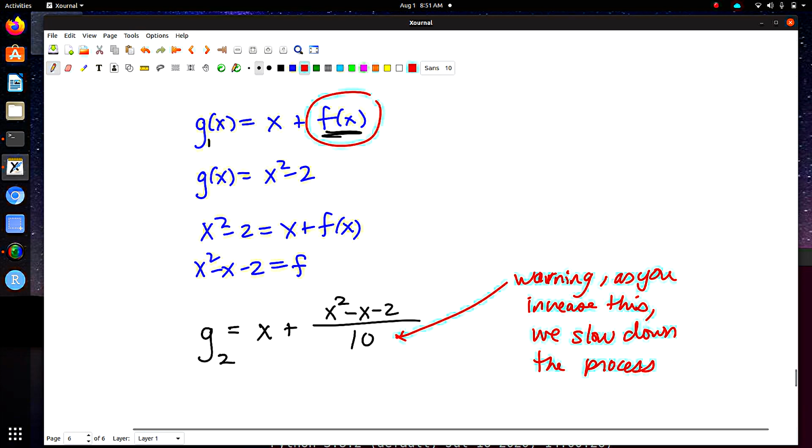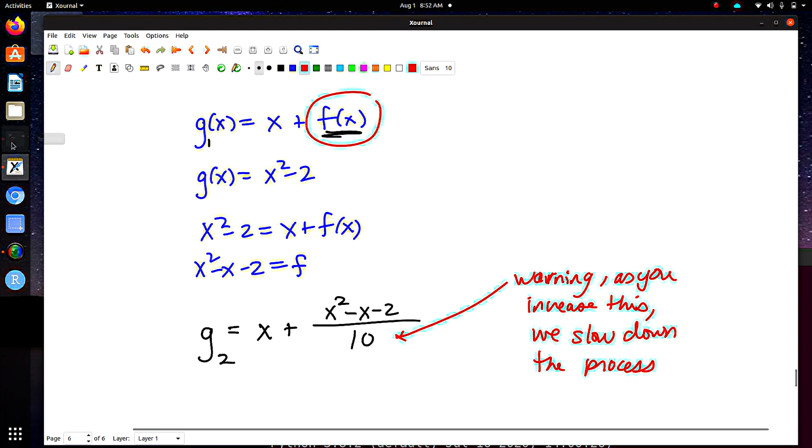But honestly, the goal is to make the derivative as close to 1 as possible without going over. You can make the derivative very, very small, you can keep pushing it down. Okay, so let's go ahead and see what happens in Python.